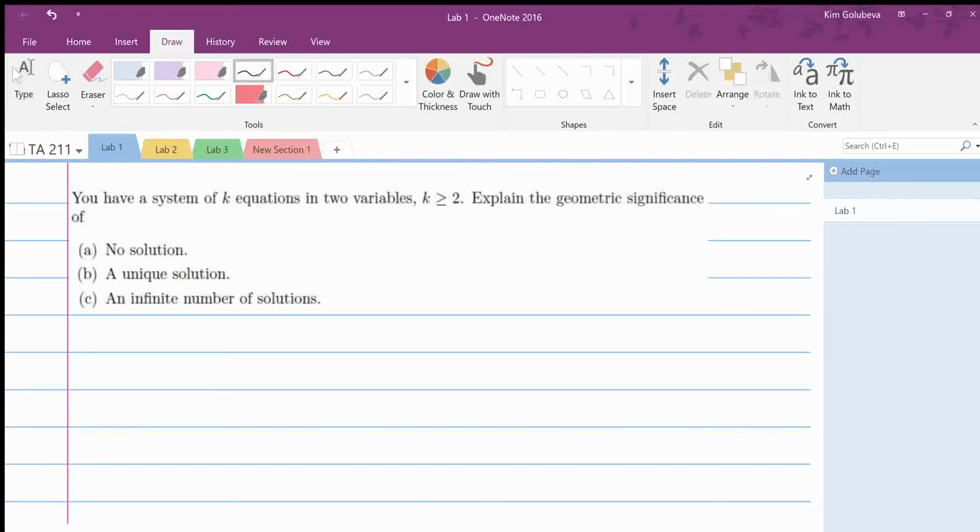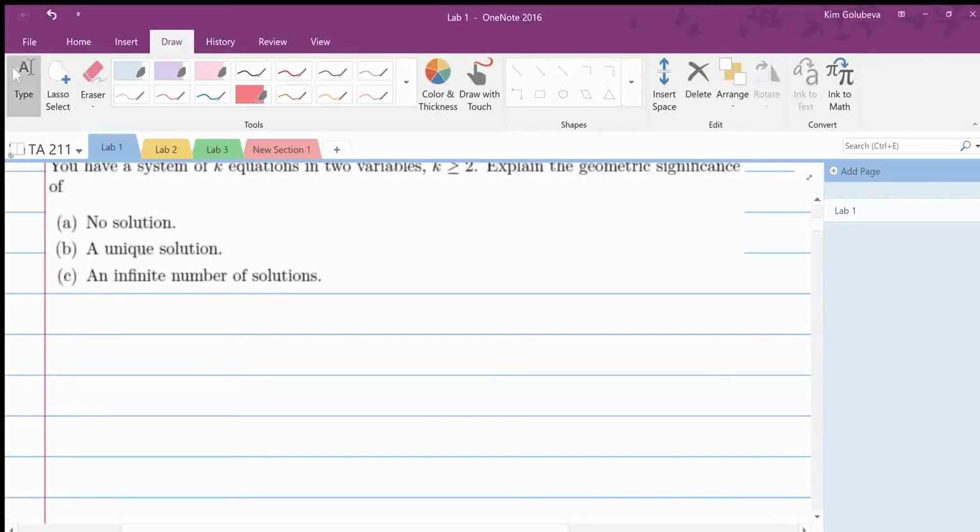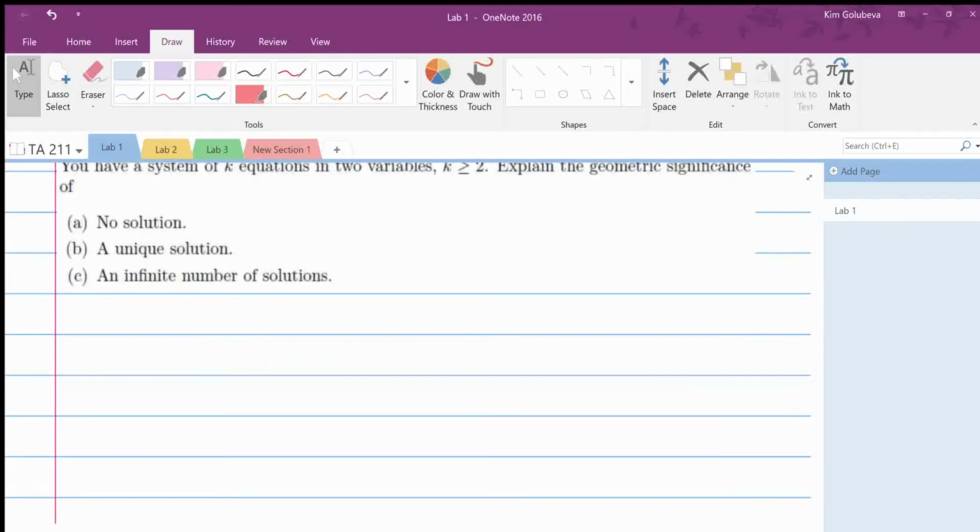So before we get into that, let's just talk about what a system is. A system of equations is exactly what you think it is. It's just multiple equations that you're trying to solve for the x, y, z, whatever variables. So let's do an example here.